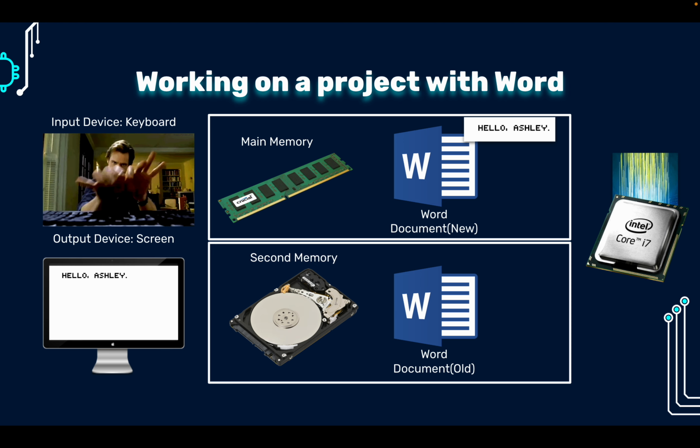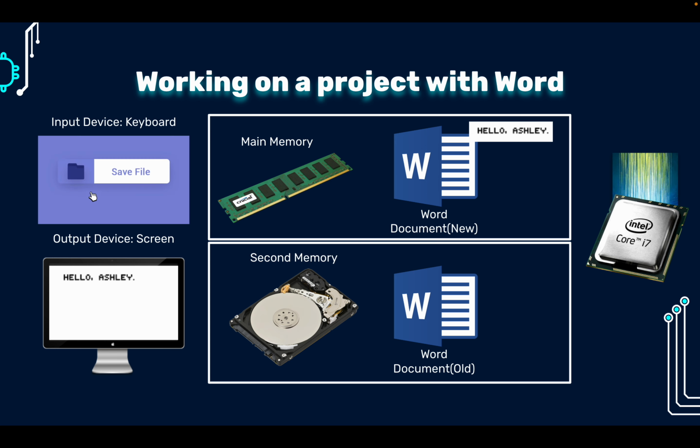However, the data is not saved to the secondary memory yet. Only when you press the save button will the CPU give the instruction to save to the secondary memory.